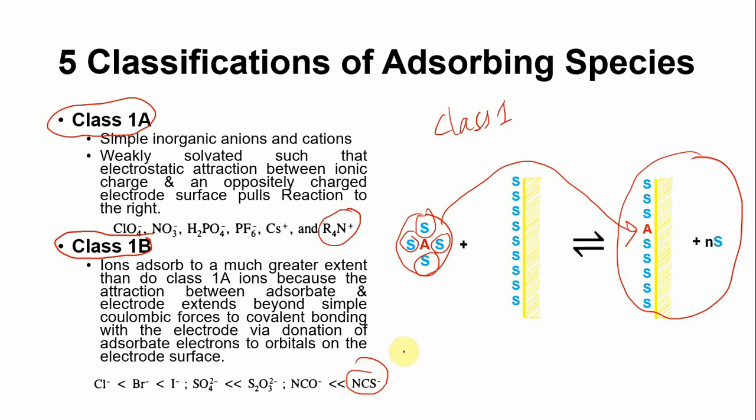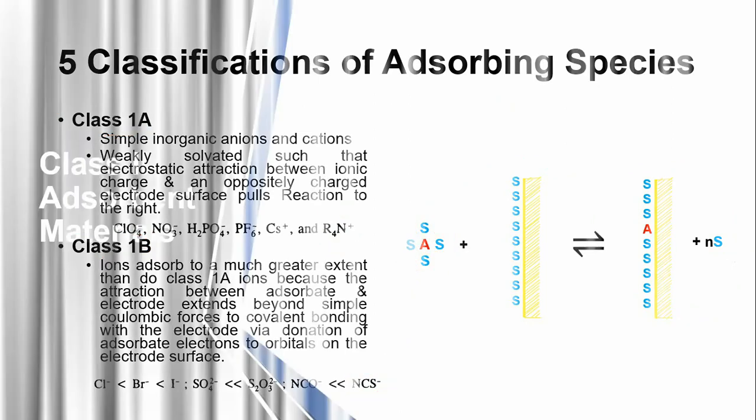All of these are really important, and you can see that they have different solvation as compared to class 1A, but they can go and bond to the surface of the electrode and chemisorb on the surface, and therefore this will be an entirely different situation.